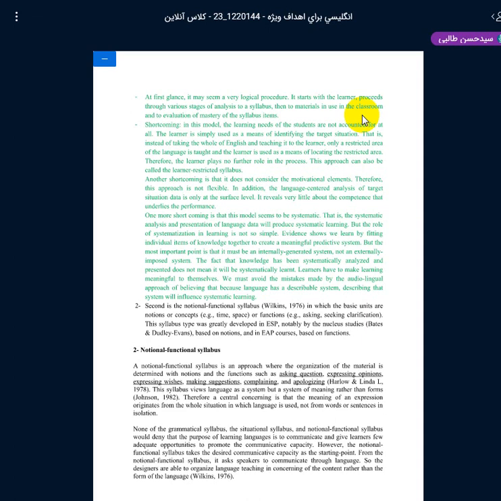For example, they say simple past is easier than simple future, or present tense is easier than past tense. Therefore, they grade the grammar of language and provide the learners with this gradation.